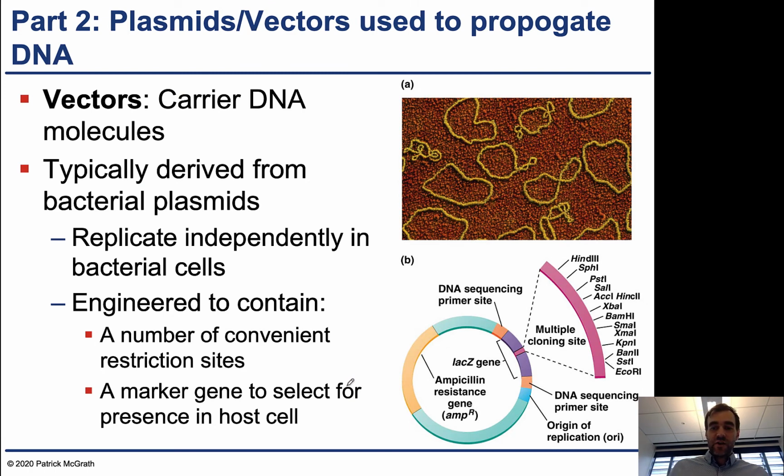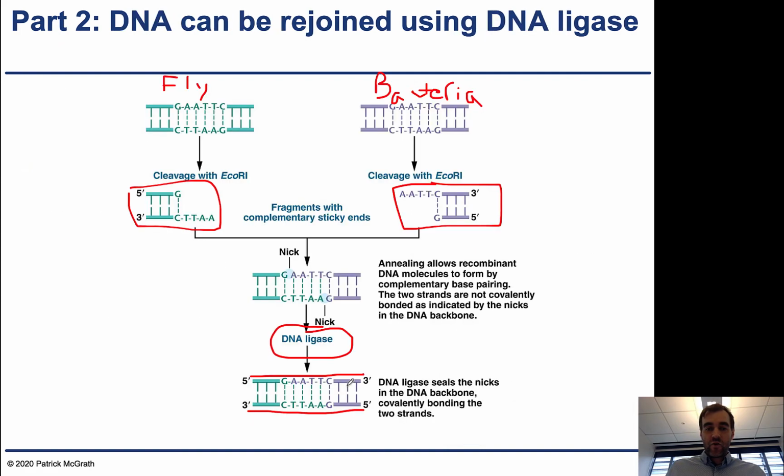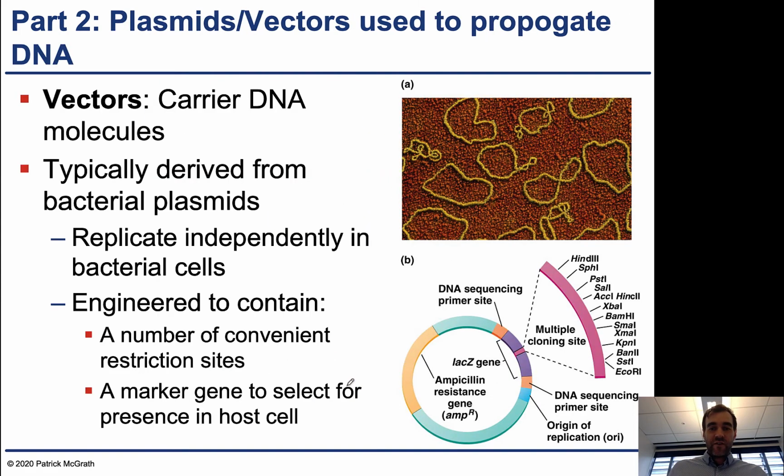All right, so what do we do with this? Now we have the ability to form chimeric sequences, and very often the chimeric sequence that we try to create is a chimeric sequence with a vector. Vectors are one source of DNA that we can use, and these are typically derived from bacterial plasmids. We've already seen some examples of bacterial plasmids in the F factor in Chapter 6.